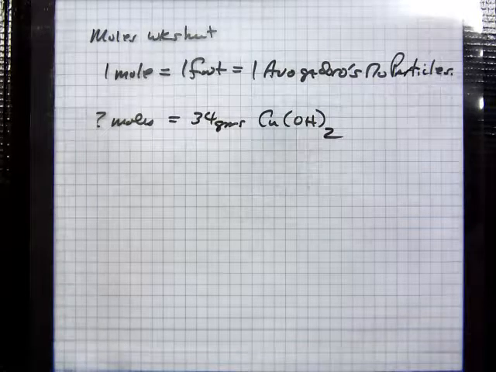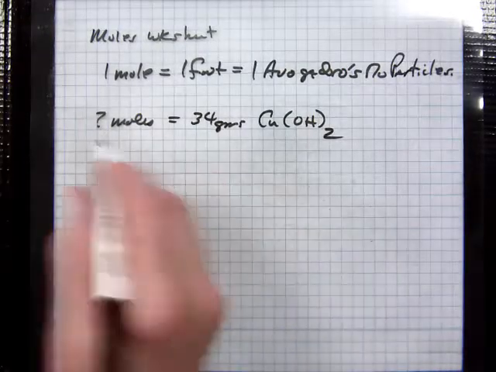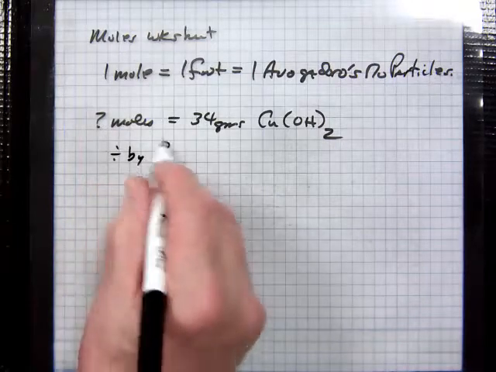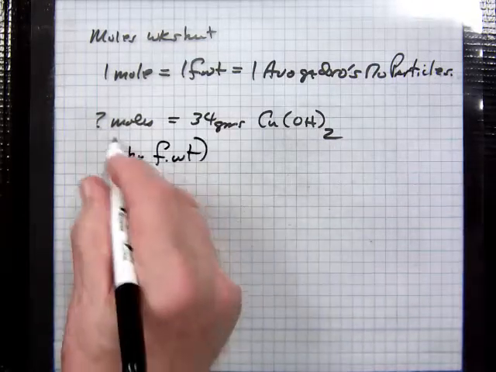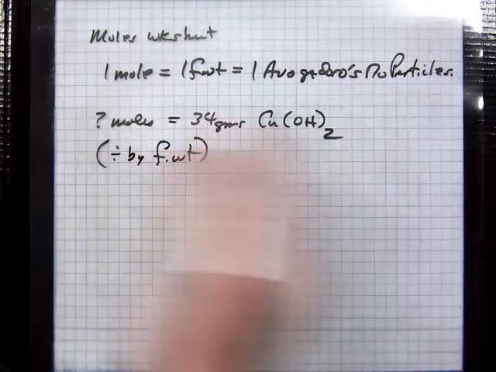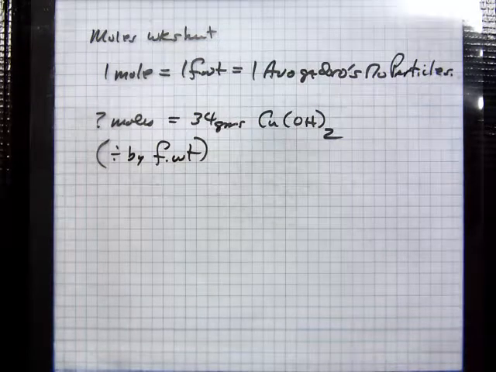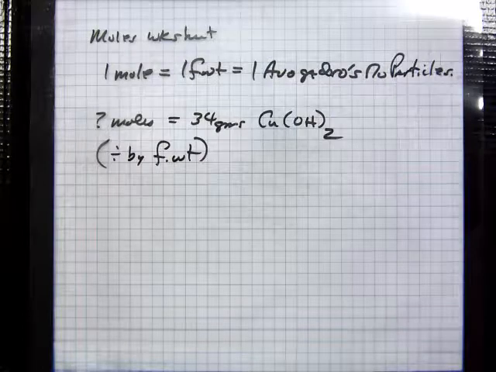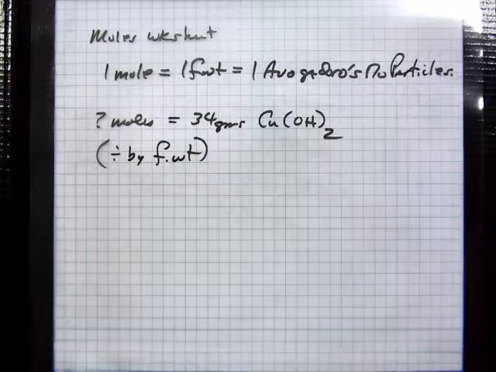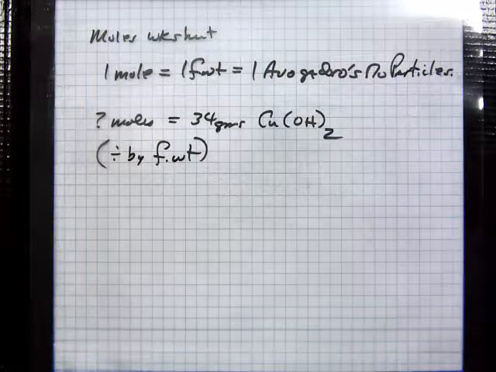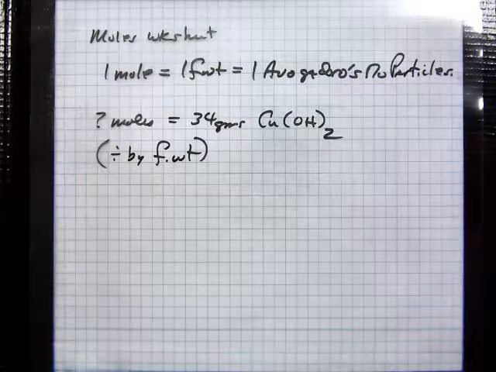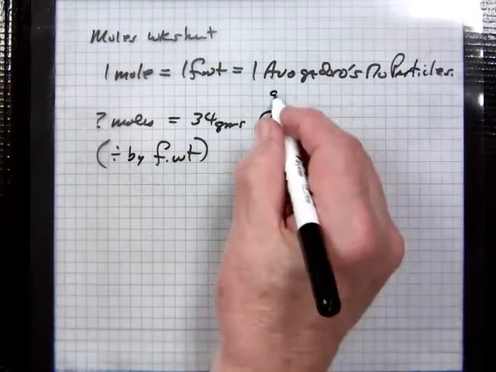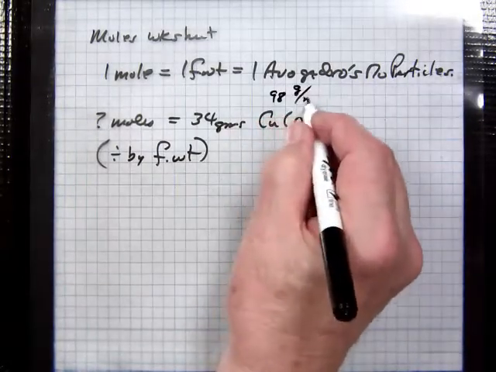You need to divide by formula weight. That's rule 1. So, what's the formula? Yeah, this is 98 grams per mole.